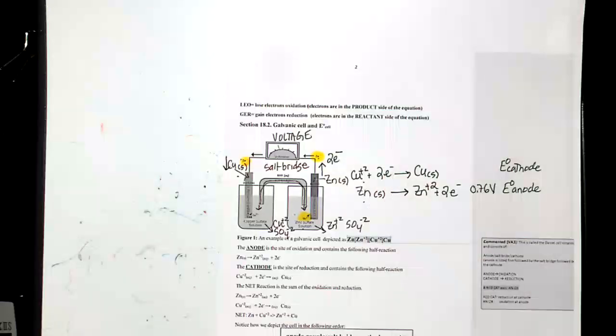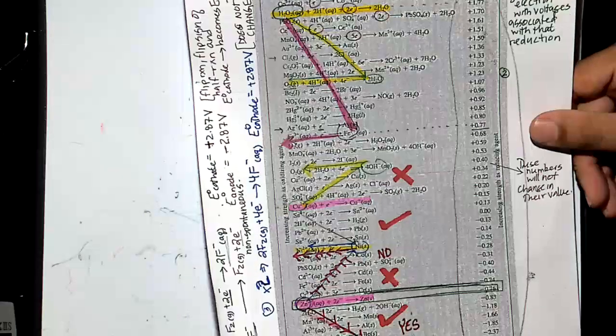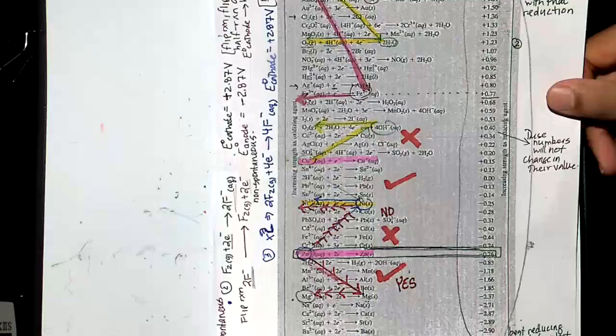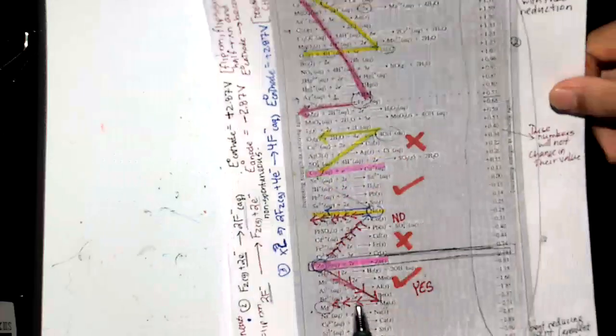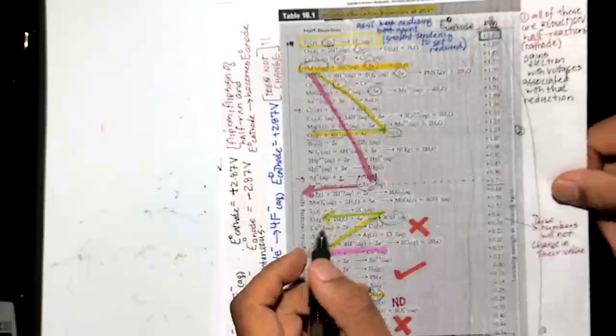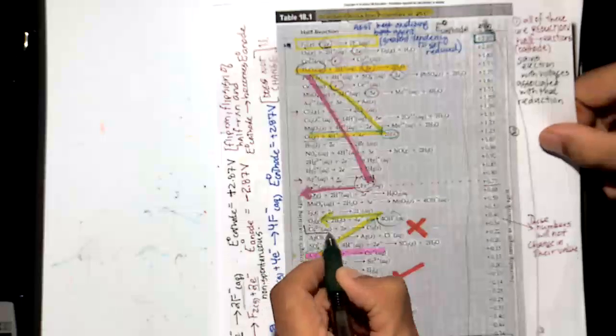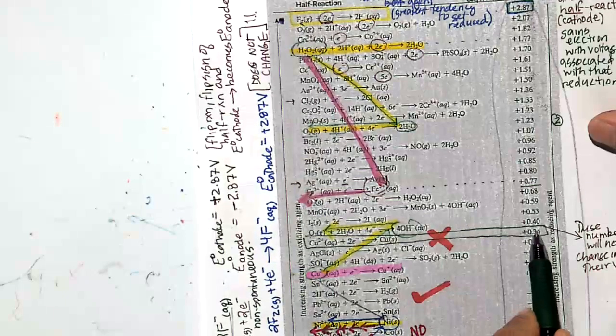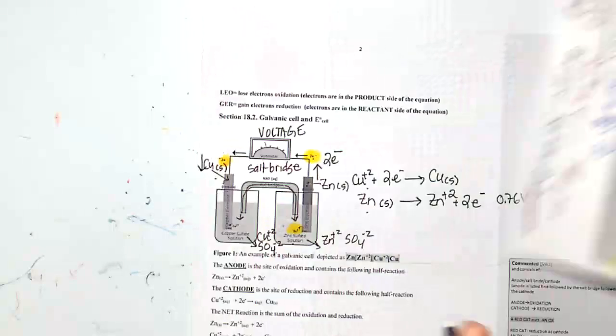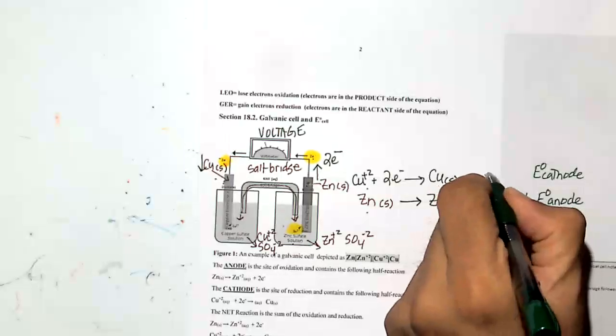What is the voltage associated with this? The voltage associated with this is positive 0.34 volts.